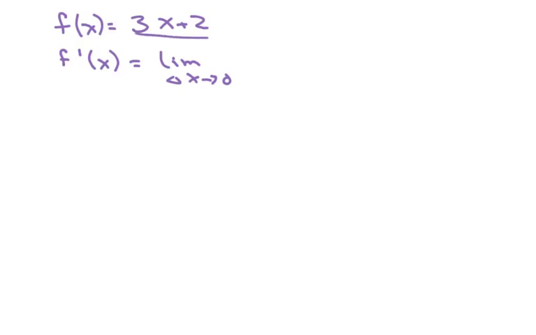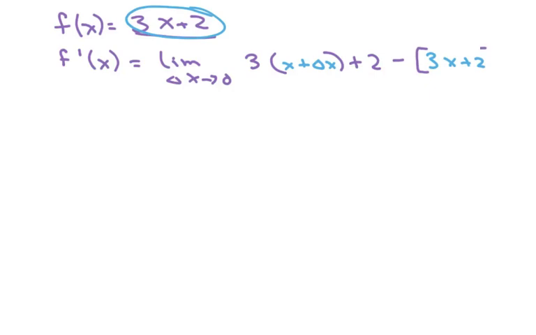And what I'm going to do is write this equation down. And I'm going to input x plus delta x. Then you subtract the whole function. My whole function is just this. So it's going to be 3x plus 2 all over delta x.